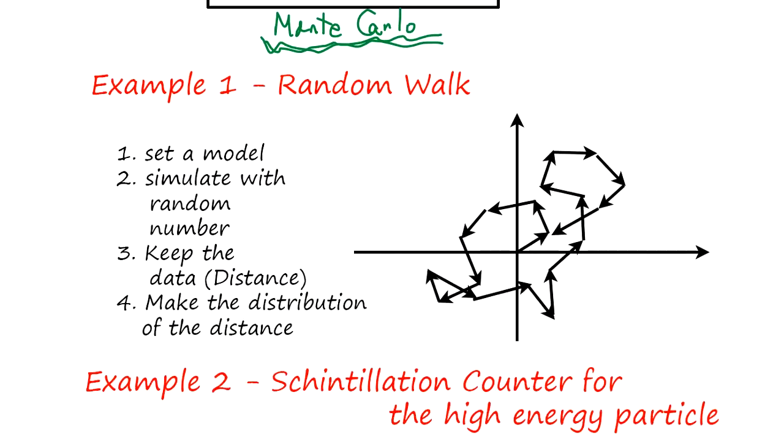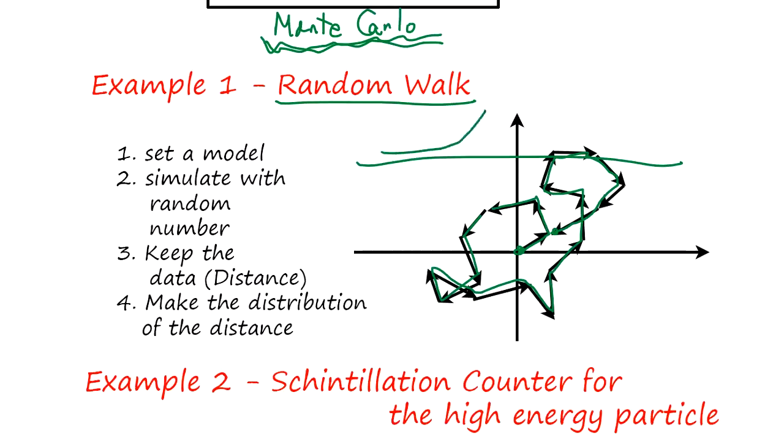For example, the random walk. Okay, a drunken man walks in random direction. Okay, and see how far he can get. So you monitor the distance. So the distribution will be like that, probably. So if you have a model slightly skewed, for example, say the drunken man sees the bar here, right?